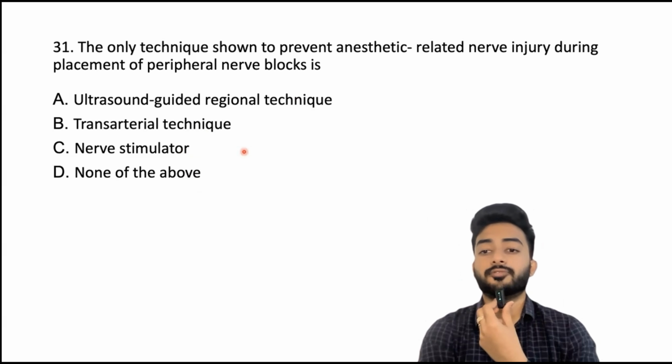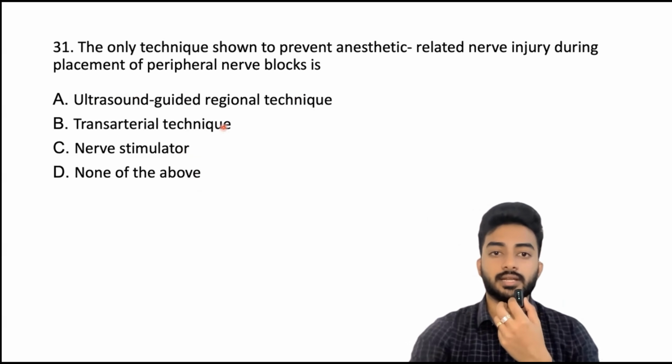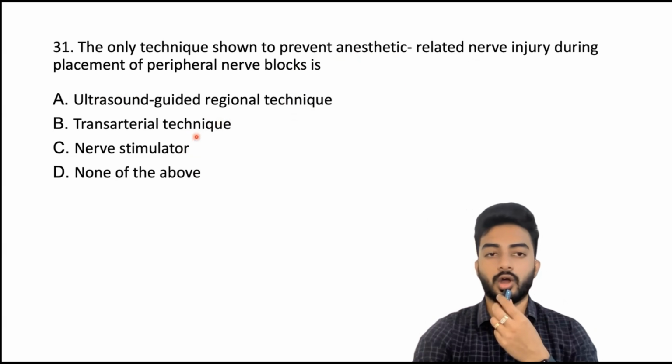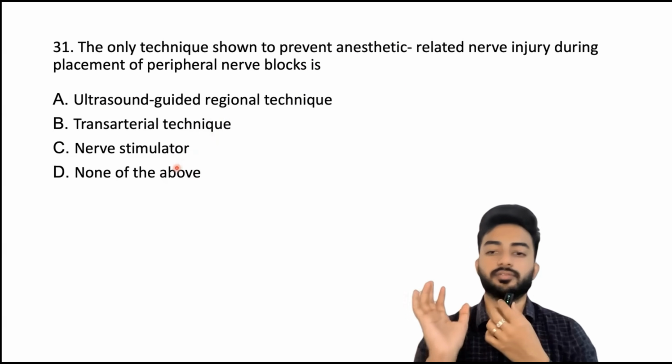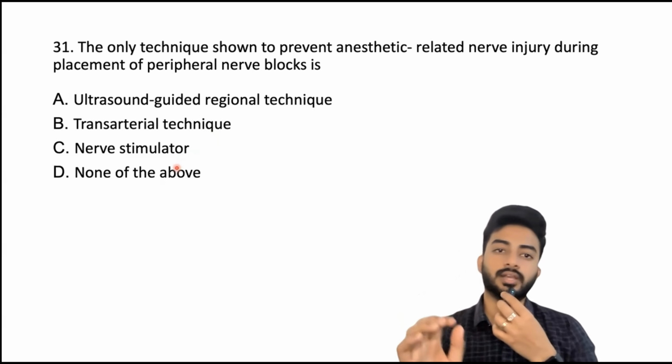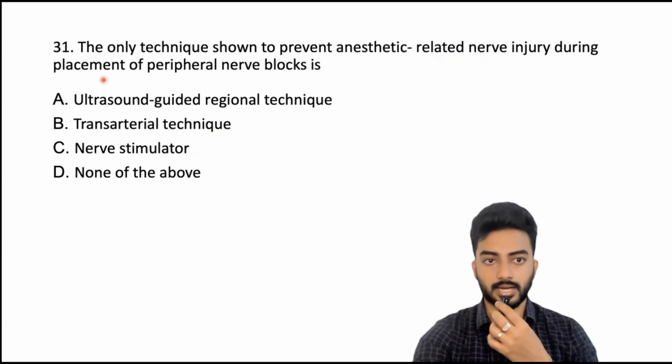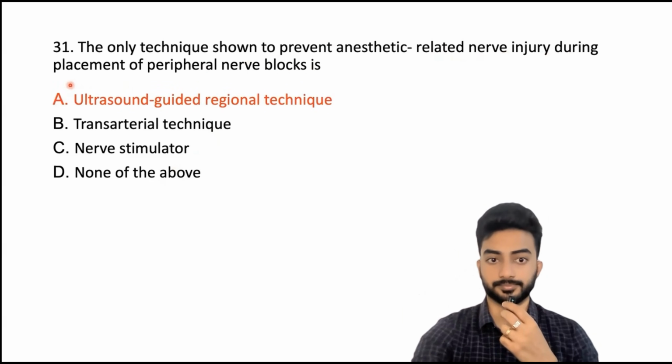But they have found in studies and systematic reviews suggest that ultrasound guided regional technique is shown to prevent anesthetic related nerve injury. All other techniques, they have not yet scientifically been proven. So the only technique that has shown to prevent anesthetic related nerve injury during the placement of peripheral nerve blocks is ultrasound. Option A, that is ultrasound guided regional technique.